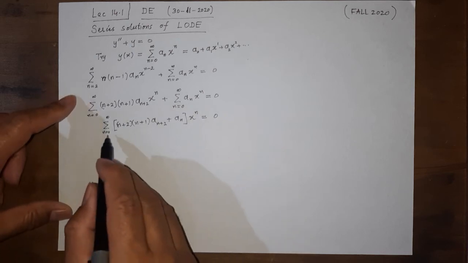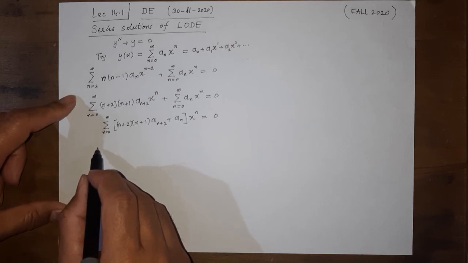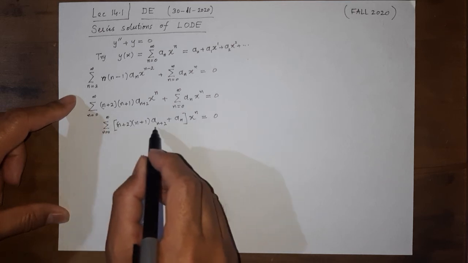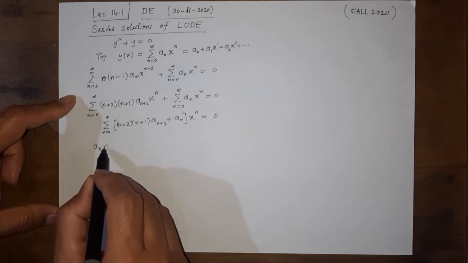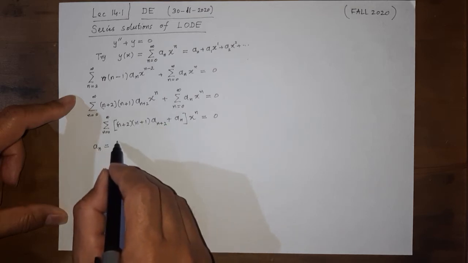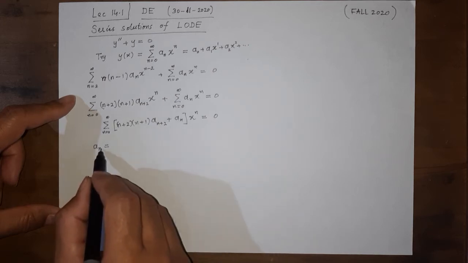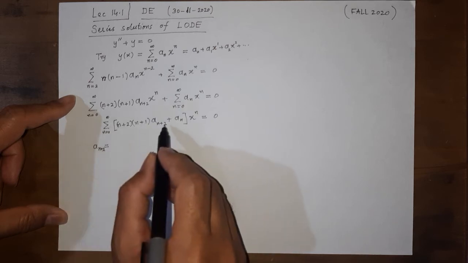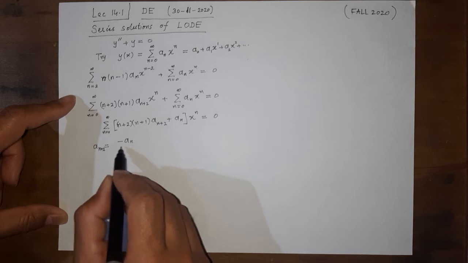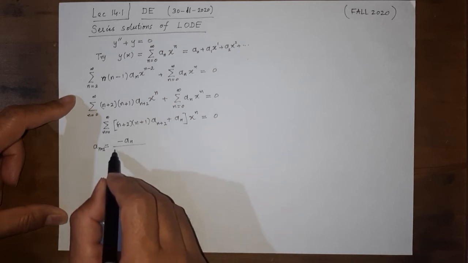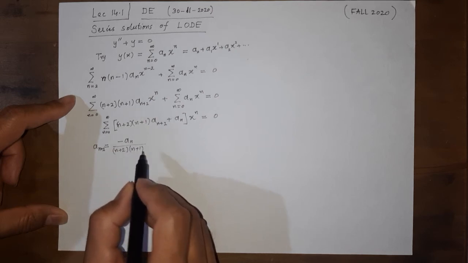So by using the same thing, we can find these coefficients by writing that this thing would be 0, or writing a n plus 2 is equal to minus a n, divided by n plus 2 times n plus 1.